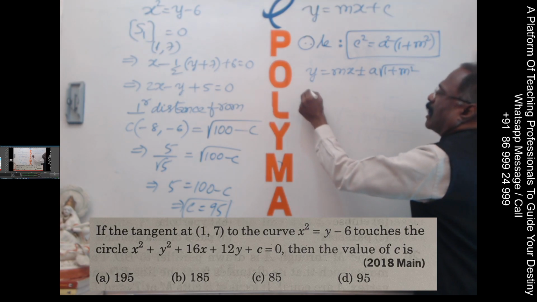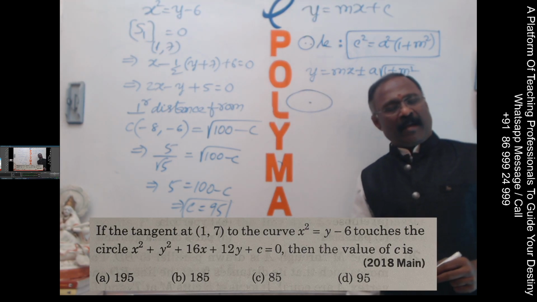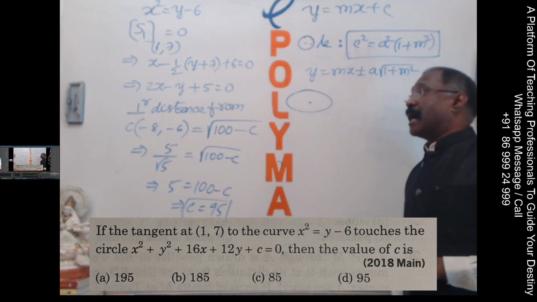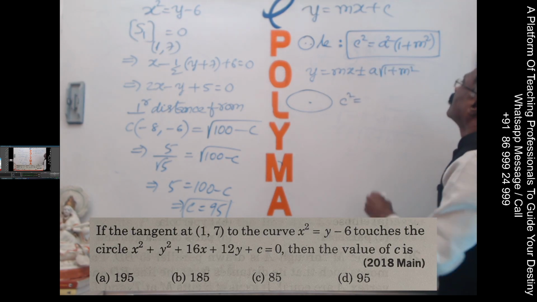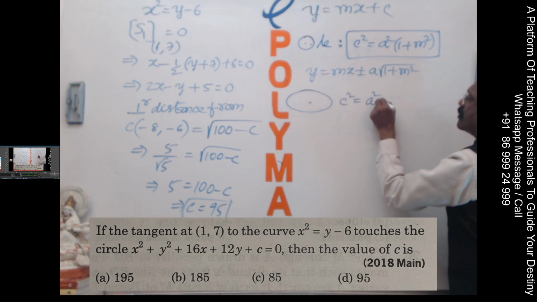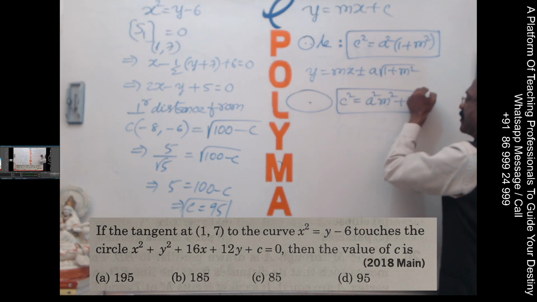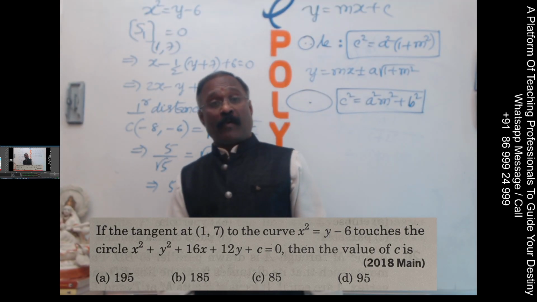See what I am doing. I am extending it to the ellipse now. See what happens. C square will be same, and a square m square will be same. Second a square becomes b square for an ellipse.